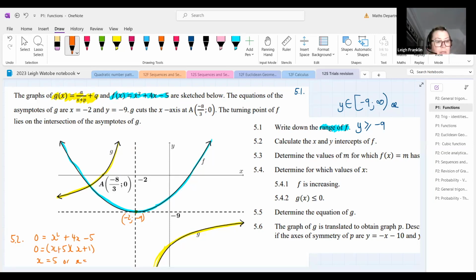Sorry, that must be plus, and that must be minus. So x is equal to -5. Sorry, it's not written very well. X is equal to -5, or x is equal to 1. And we can see that the graph, this is where the 1 would be, and that's where the -5 would be. The graph has definitely been shifted over to the left-hand side.